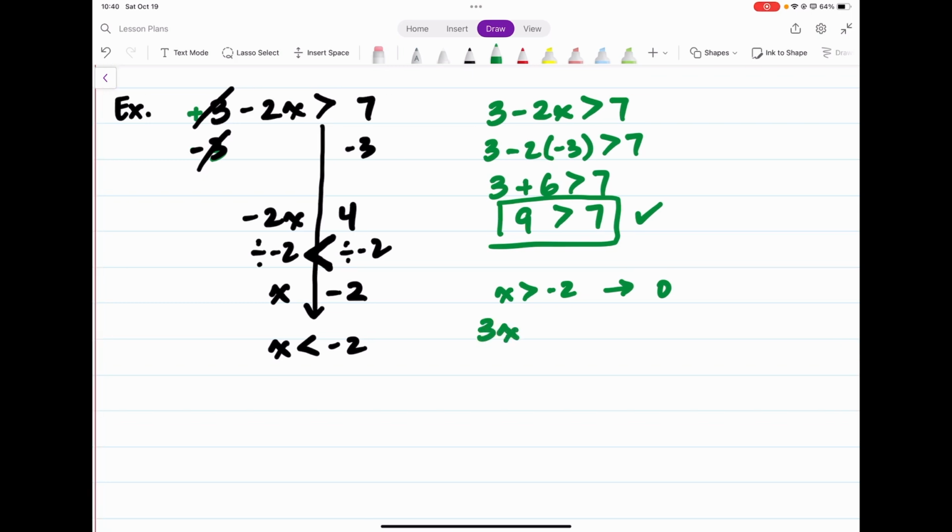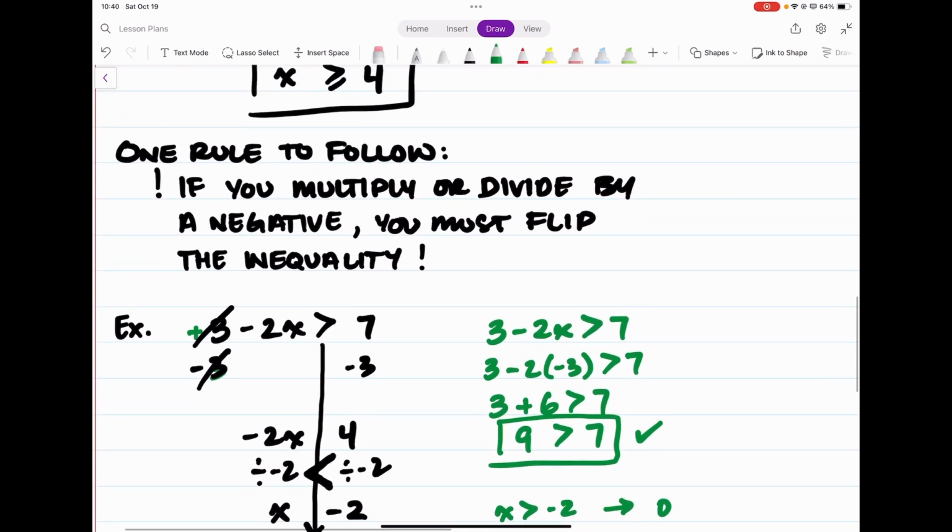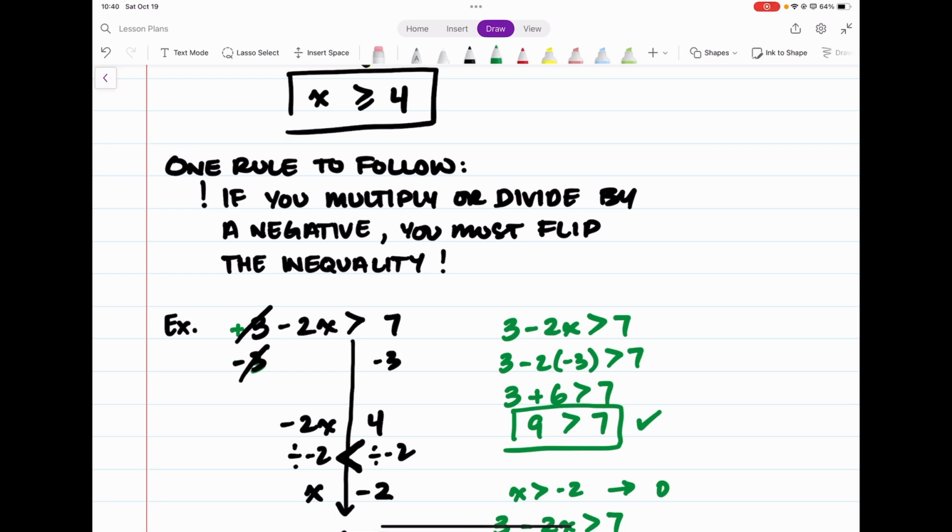So if I try that out again, 3 minus 2x is greater than 7. 3 minus 2 times 0 is greater than 7, which means 3 minus 0, or 3, is greater than 7. That is not true. So you see how if I didn't flip the symbol, it would mess things up. Now, that's the one rule you must add to your attention here. If you multiply or divide by a negative, you must flip the inequality.